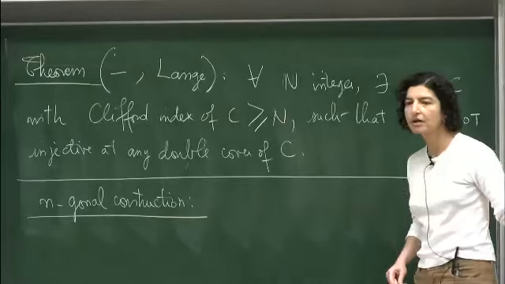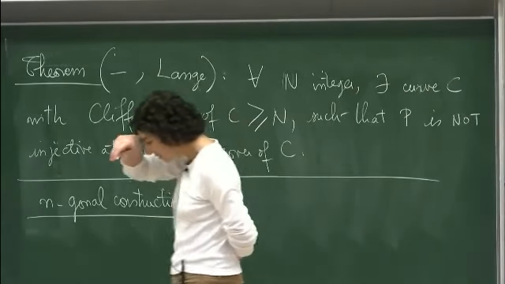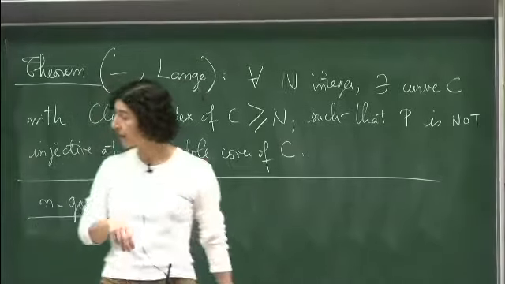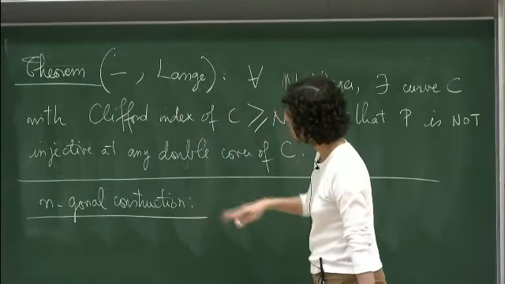And how does that work? Well, for Recillas, you had a trigonal thing. For Donagi, you had tetragonal. So let's do n-gonal.